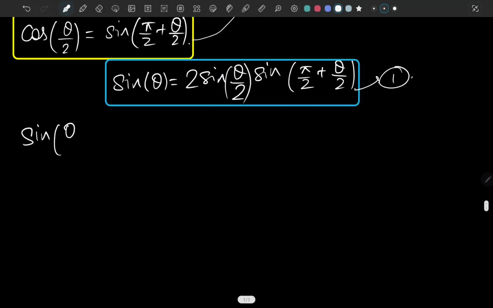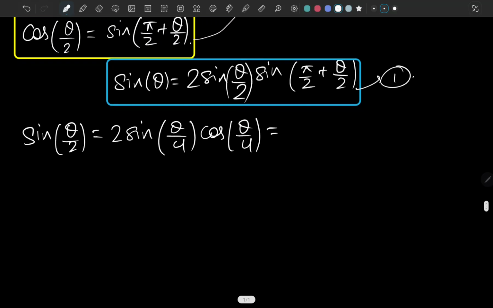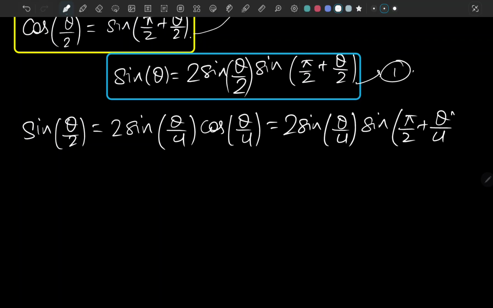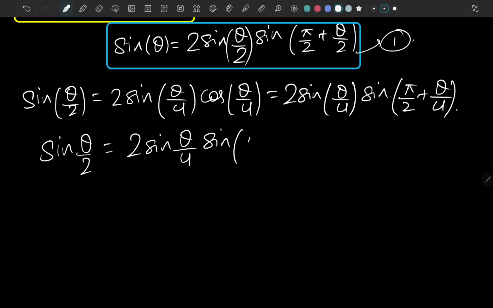Sine of theta over 2 is factored out to 2 sine of theta over 4 times cosine of theta over 4, and cosine of theta over 4 can be written as sine of pi over 2 plus theta over 4. So now we can say that sine of theta over 2 equals 2 sine theta over 4 times sine of pi over 2 plus theta over 4.